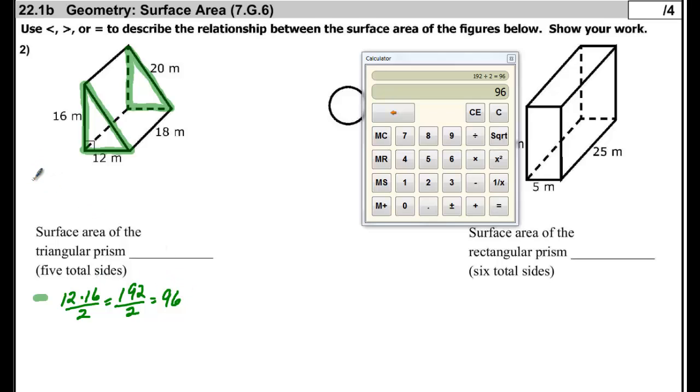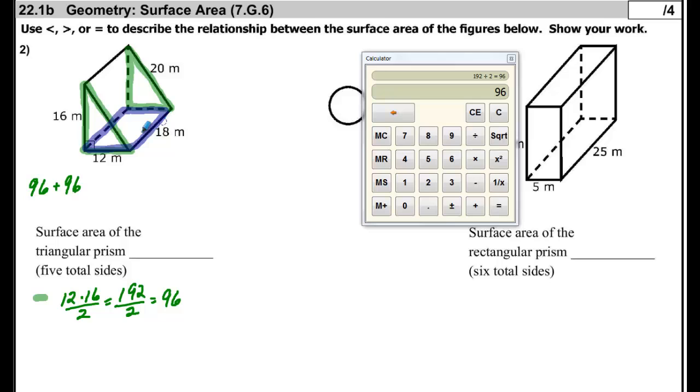So that 96 is going to be added in twice, because it represents each of the triangles. And remember, we're looking for 5 total sides. So we're going to have 5 numbers up here that we add together. Okay, our next value is going to be this base.